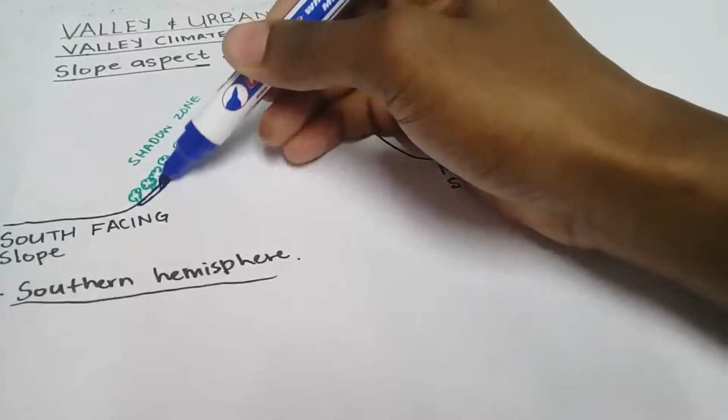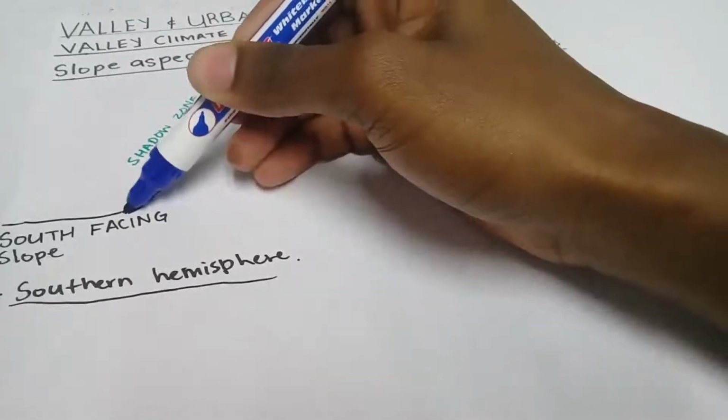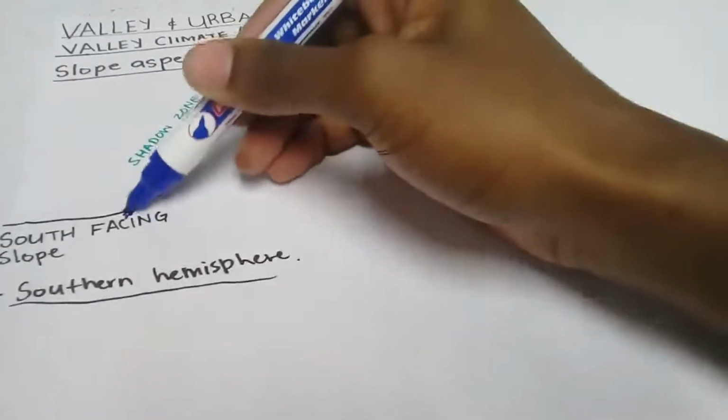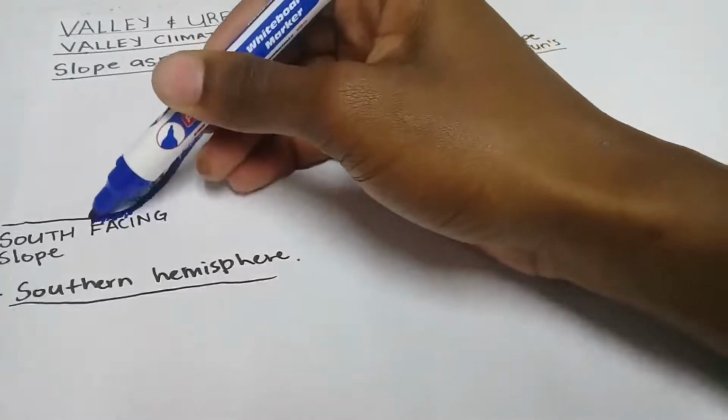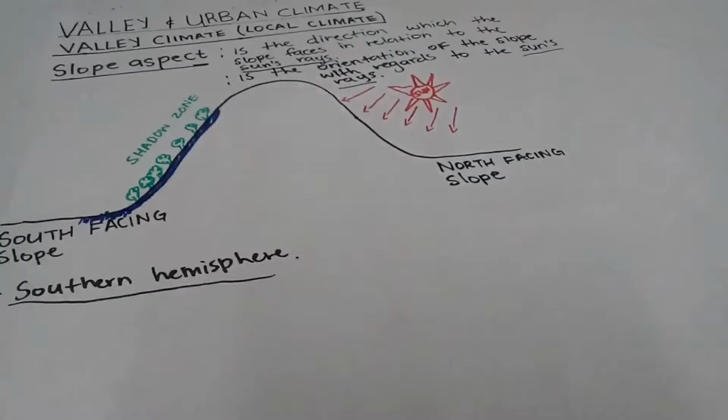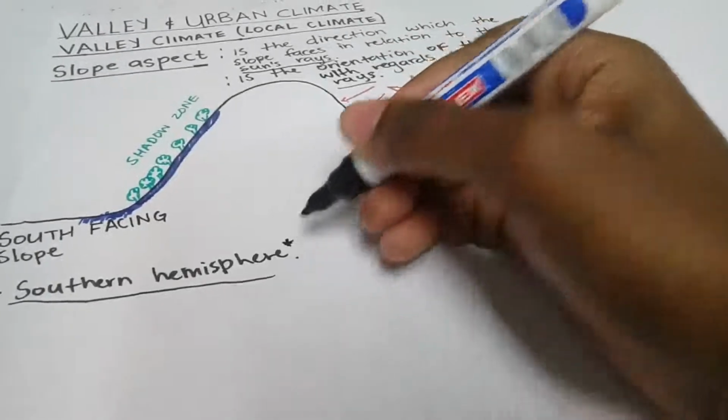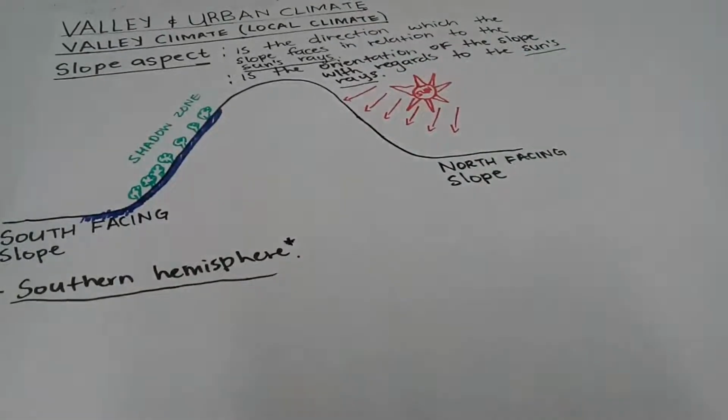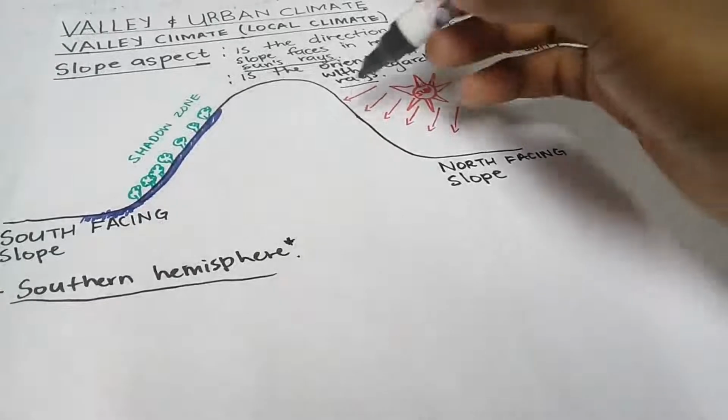There will be high moisture content in this south-facing slope in the southern hemisphere. Bear in mind, we're talking about the southern hemisphere.